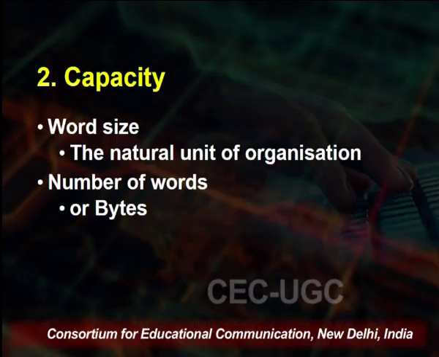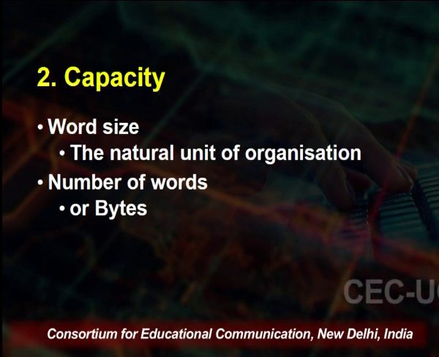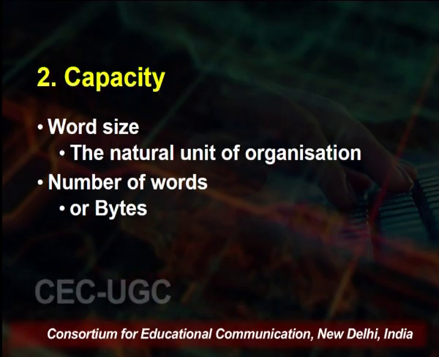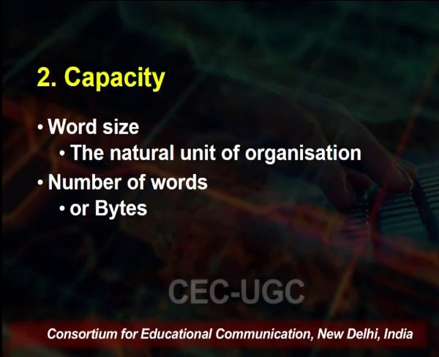Coming to the capacity, when we talk about the internal storage, we usually mention it in terms of word size, which is the basic unit for measuring capacity for a computer and the memory.